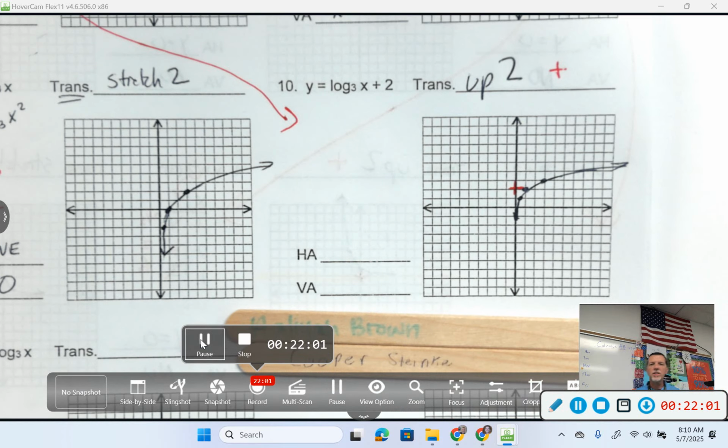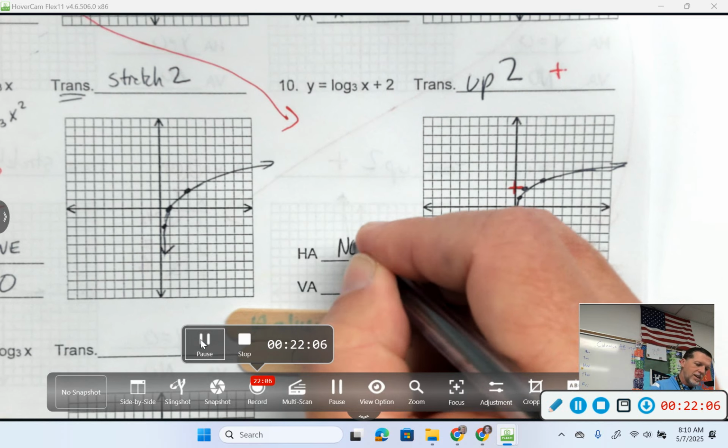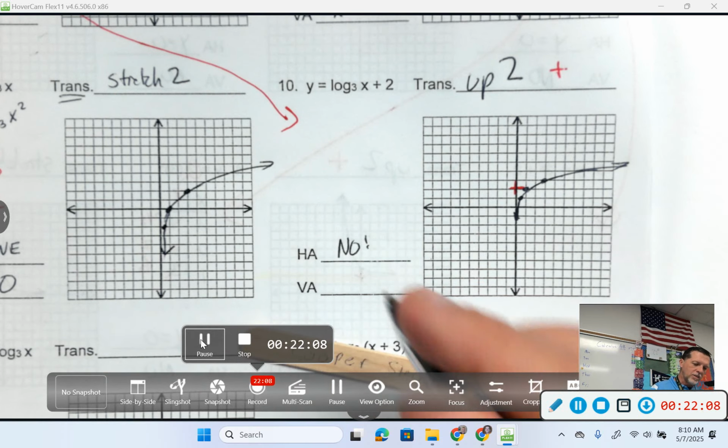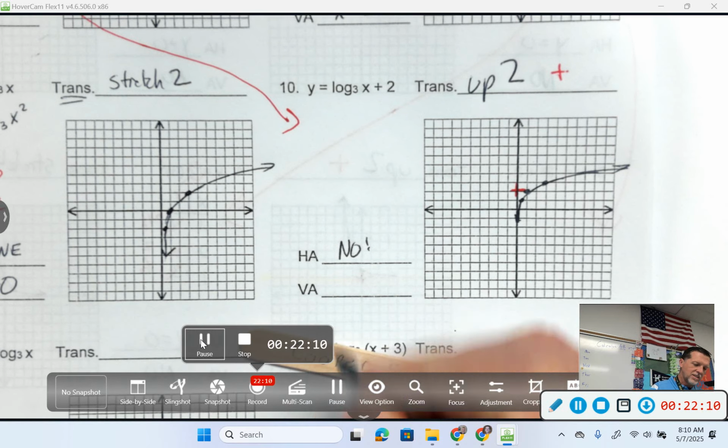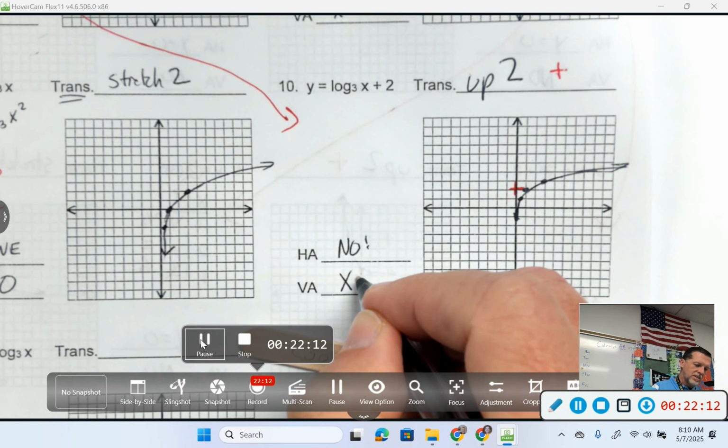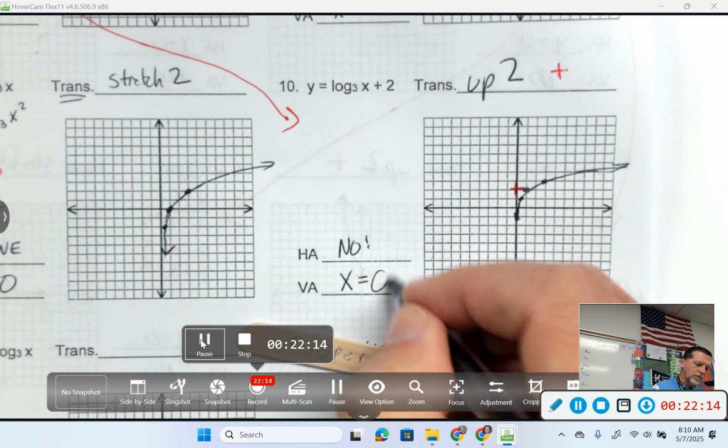Aaliyah, how about the horizontal asymptote? Not 1, correct. Cooper, vertical asymptote? X equals, which one is that? Oh, X equals 0. X equals 0.